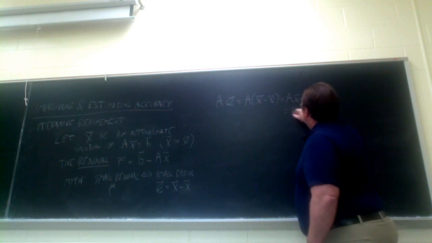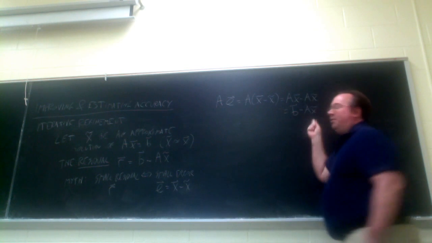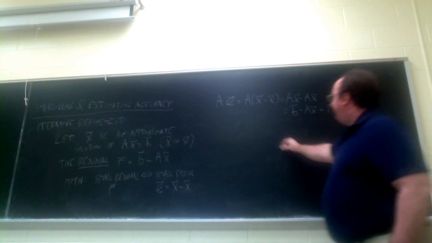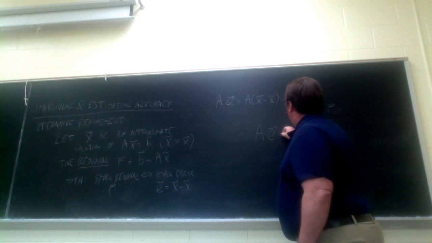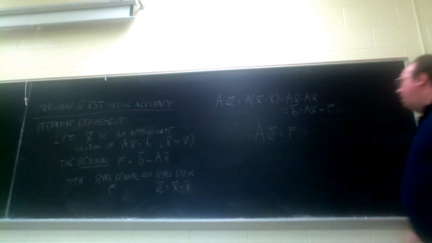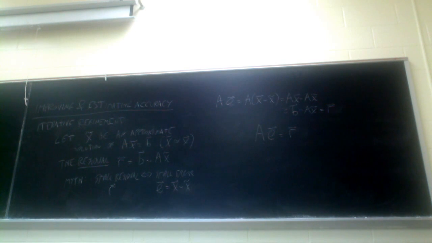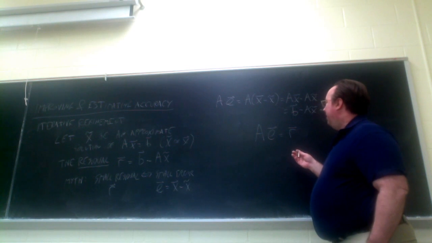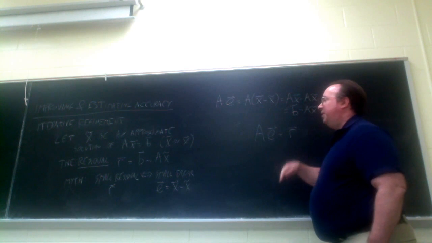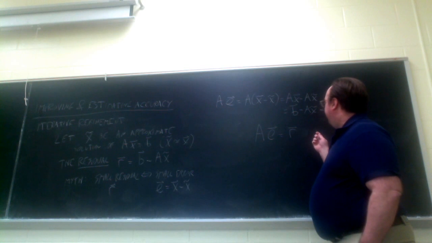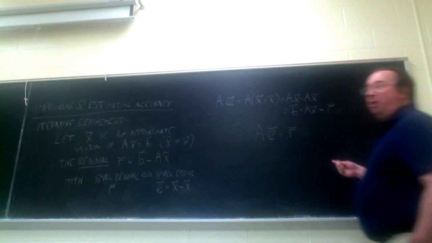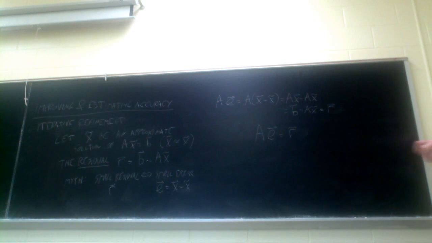So I have b minus A x tilde, but what is this? It's the residual. So we have this relationship: A e is equal to r. It really depends on the matrix and also the particular vectors involved, like your right-hand side b, that it could work either way: one of these vectors could be small and the other surprisingly large. So we have to be careful about that.